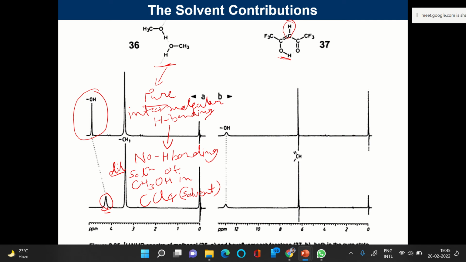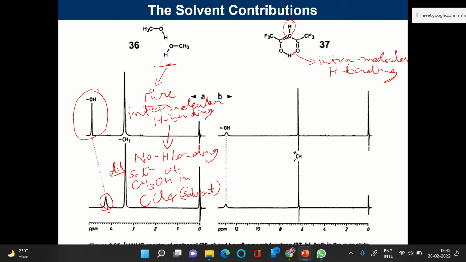In this particular case there is a possibility of intramolecular hydrogen bonding. If I show it with dotted lines, this is where the intramolecular hydrogen bonding happens.